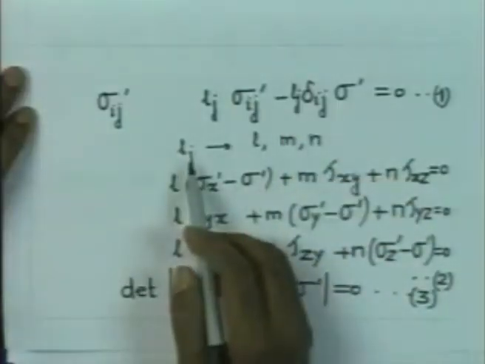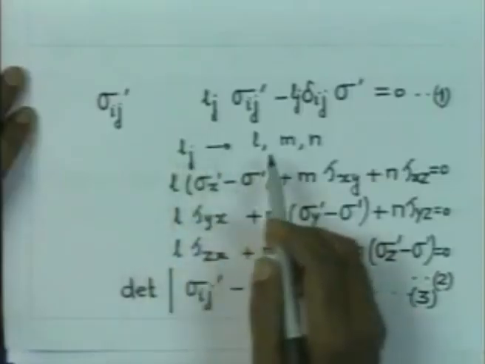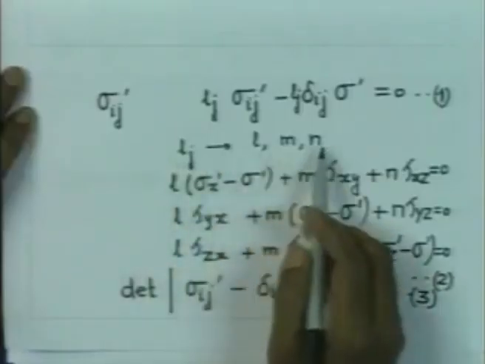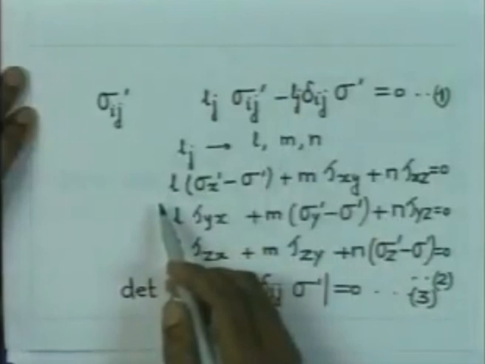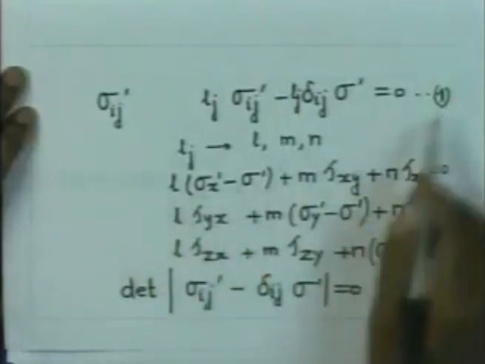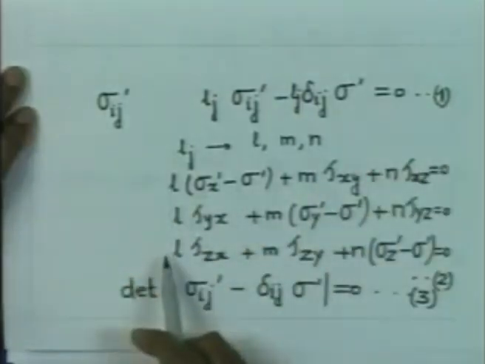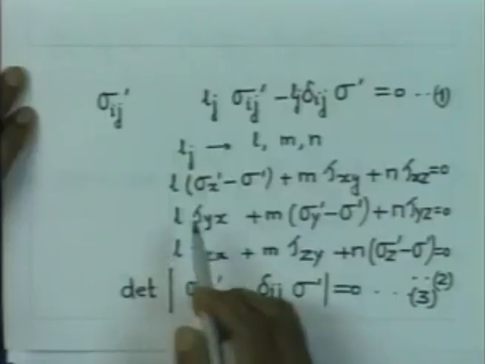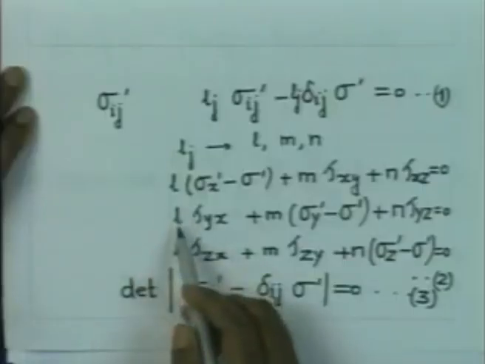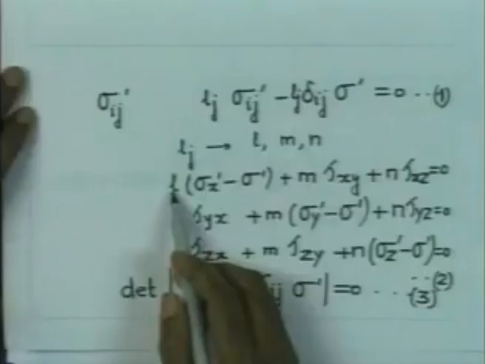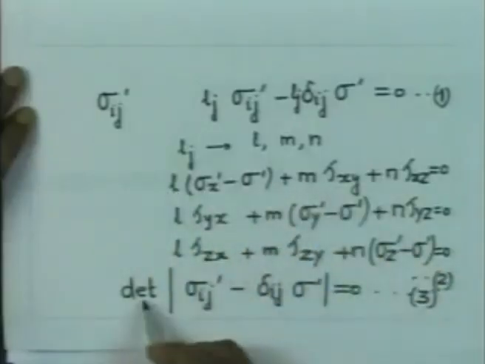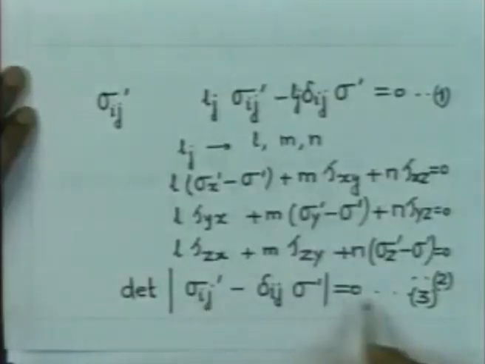And also we showed that if Lj has components like L, M and N, then we are going to have this equation in this expanded form, and if we have to have non-zero solutions for the direction cosines L, M and N, we must have determinant of the coefficient matrix equal to 0.